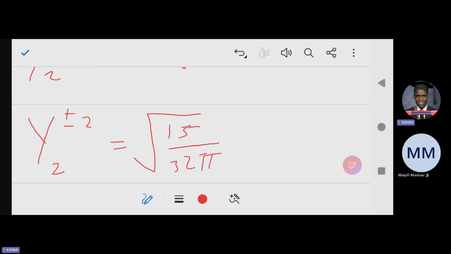From the formula sheet, which is sine squared theta multiplied by e to the power positive or negative 2i phi. The positive or negative means if you choose a positive M, then your sign is still going to be positive. If you choose a negative, then it will be negative. So it only changes the sign for M equals positive or negative 1.